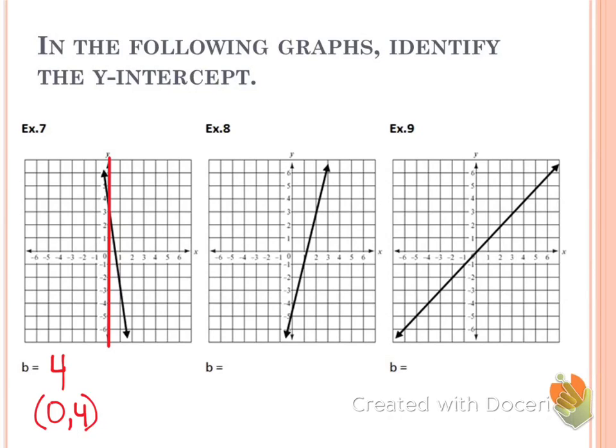Same volunteers. Jamal? -5, I would agree with that. And again, if we wanted to write it as an ordered pair, that's 0, -5. And on example 9, where does that graph cross the y-axis? Jeriel? 0, the origin. So we would call that point 0, 0.